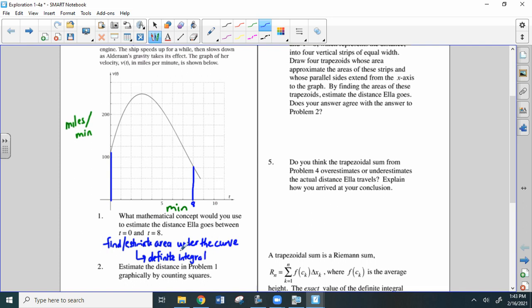But if we don't have an equation, if we don't have a function, then the best we can do is estimate, by estimating the area under the curve.